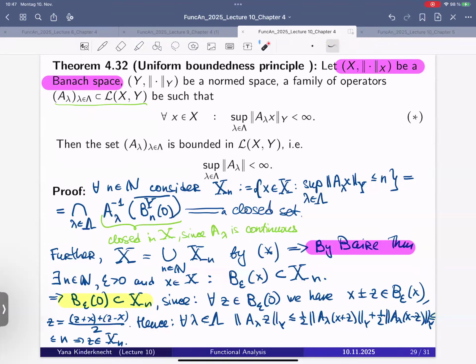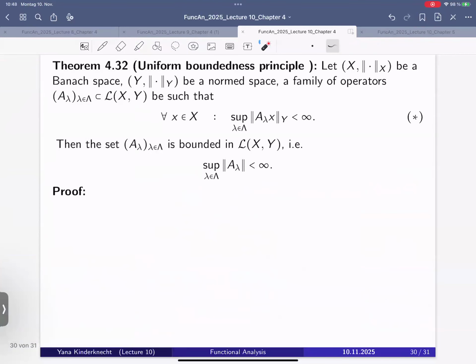This is just to emphasize that we use Baire's theorem because we have a Banach space. Okay, so next step in this proof.